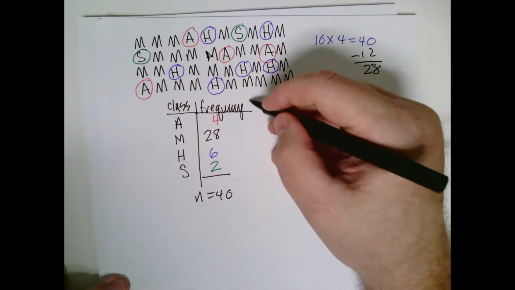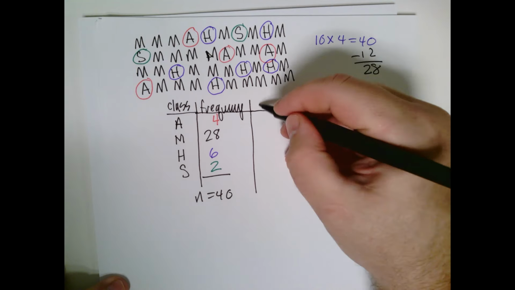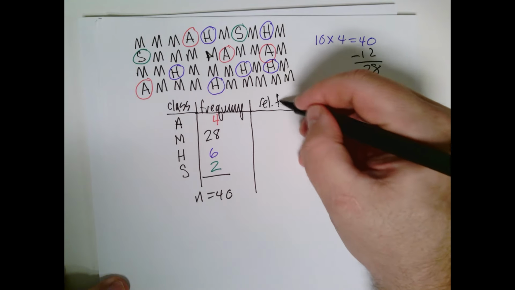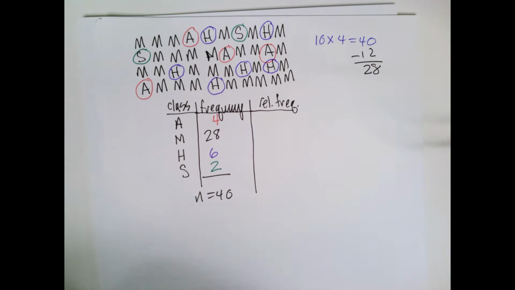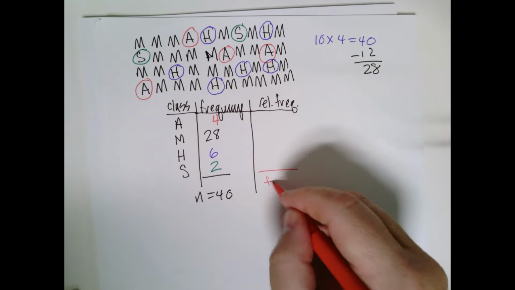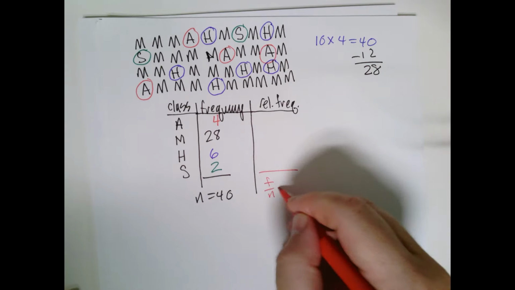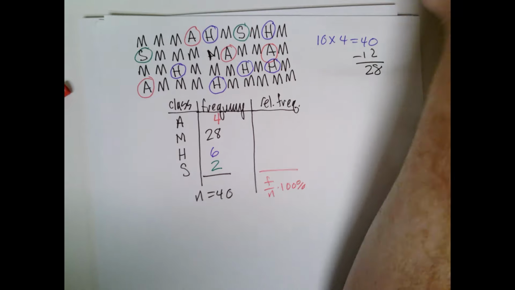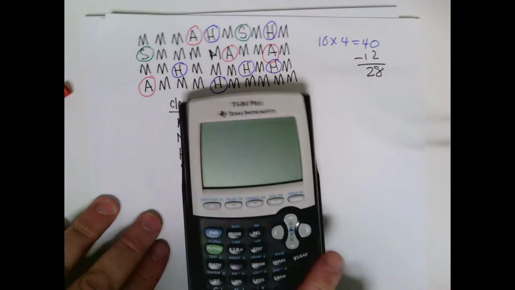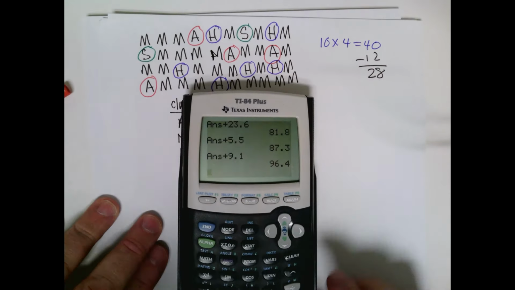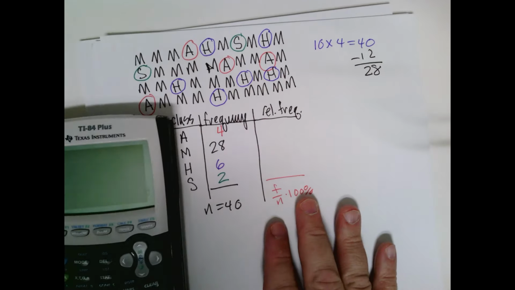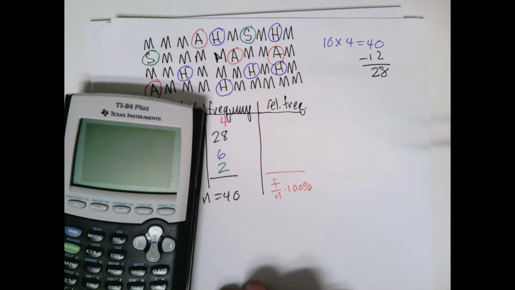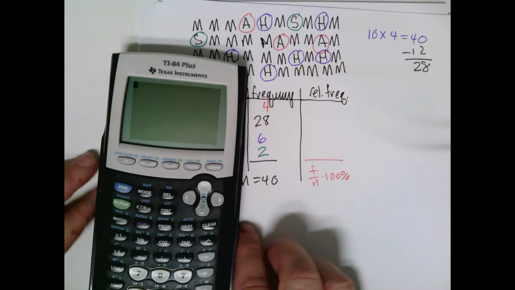Alright, so let's also do the relative frequency distribution. Alright, and just like before, follows the same formula, F over N times 100%. Okay, so get out the old calculator. And let me show you this little trick that I like to do with this calculator.